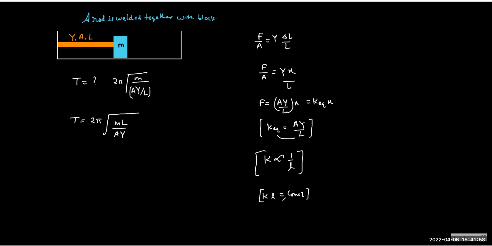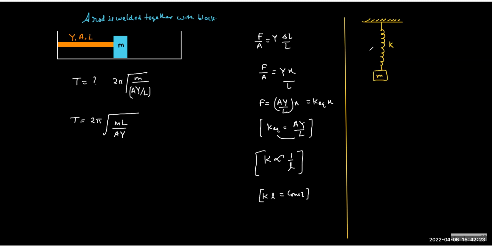Is it clear? Yes. So now imagine a situation. We have a spring of spring constant K and there is a block.